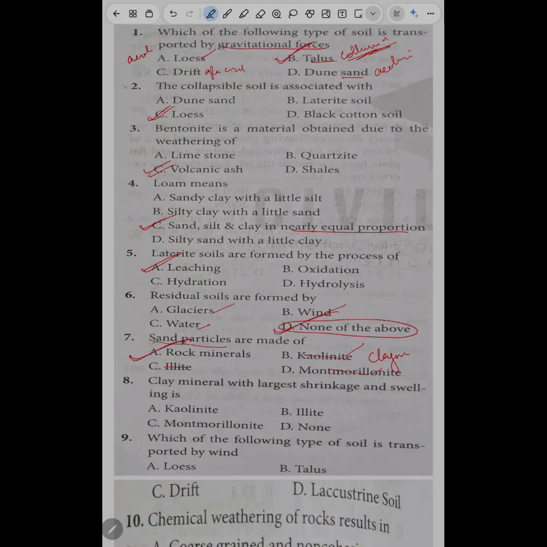Then the eighth question. Clay mineral with largest shrinkage and swelling is. We learned these clay minerals: montmorillonite, illite, and kaolinite. Because of their electrical charges, they have the plasticity property.